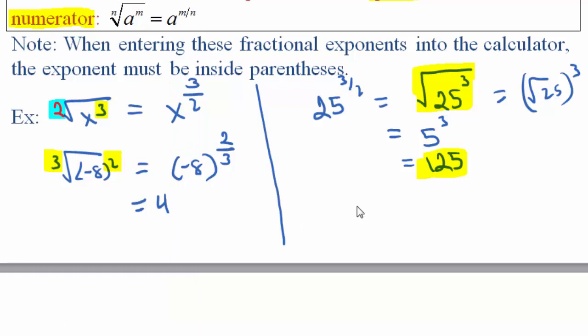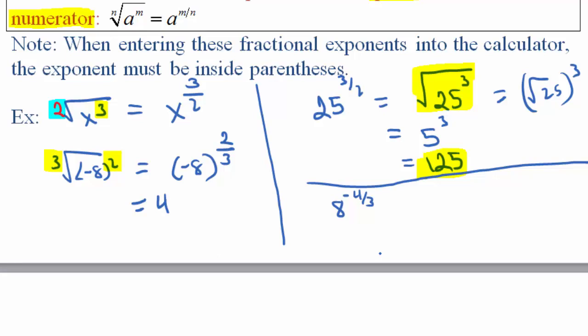And one other thing to note, because we didn't throw in any of these ones here. Say you had something like 8 to the negative 4/3 power, right? You're still going to use the same rule.